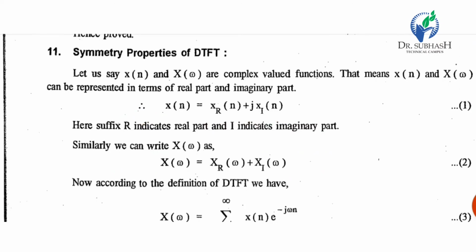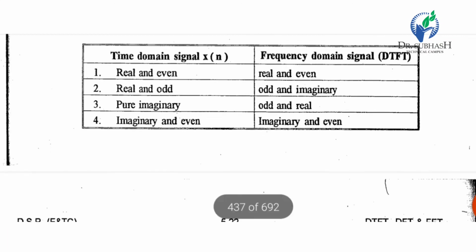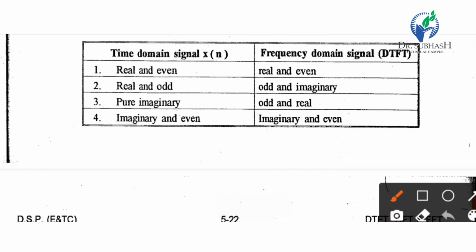So we switch to our table: time domain signal x of n versus frequency domain signal, the DTFT. When x of n is real and even, the frequency domain is real and even.